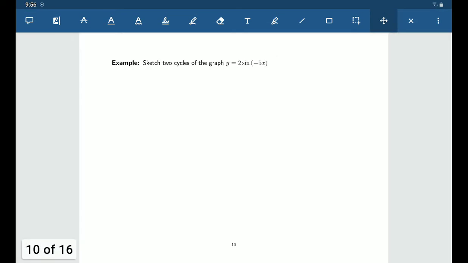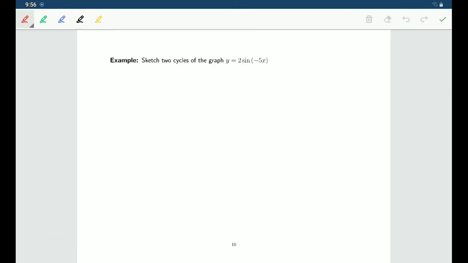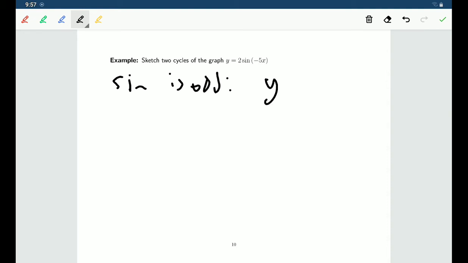So we'd like to sketch 2 cycles of the graph of y equals 2 sine of negative 5x. So first off, I'll use the fact that sine is odd. And so that means that sine of negative 5x is the same thing as negative sine of 5x.